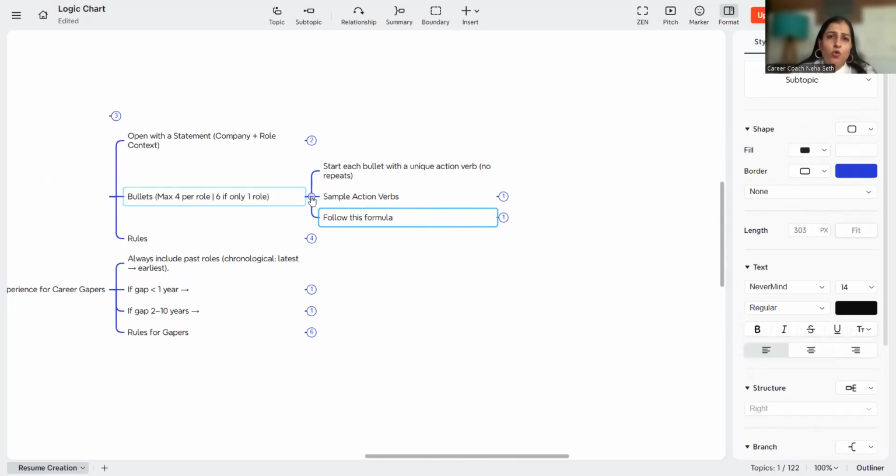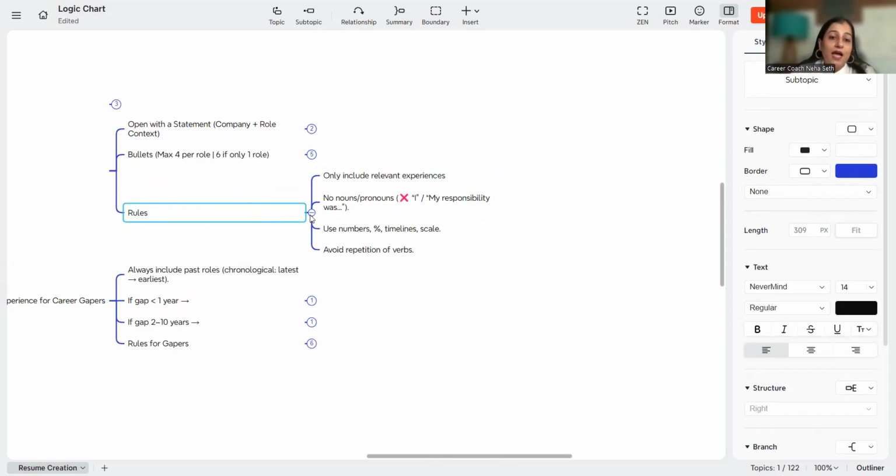And maximum four bullets if you have done multiple roles, and if you have done only one role in your previous journey, then maximum six bullets. Okay. Now the rule here is to only include relevant experience. Whatever JD you are looking at, if there is some mismatch between the JD and your experience, just remove those mismatched words or such experience, and make it more narrative towards that role itself.